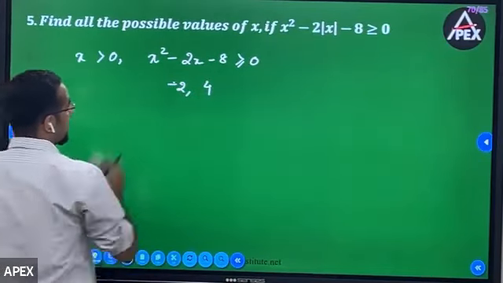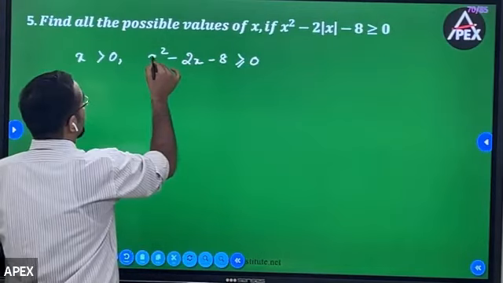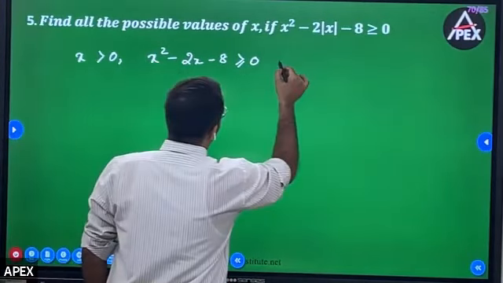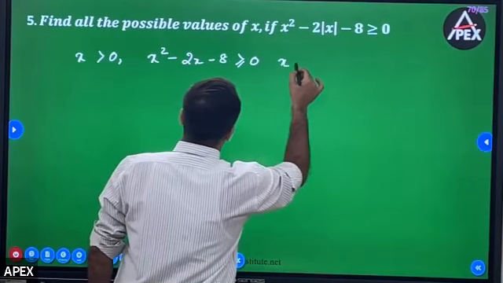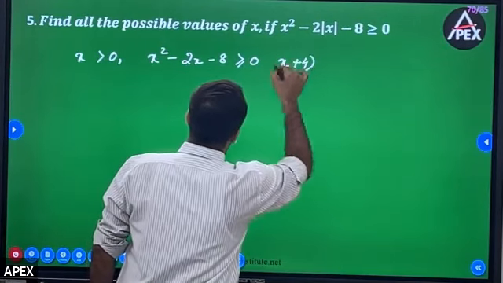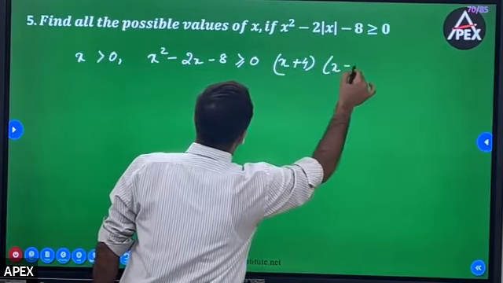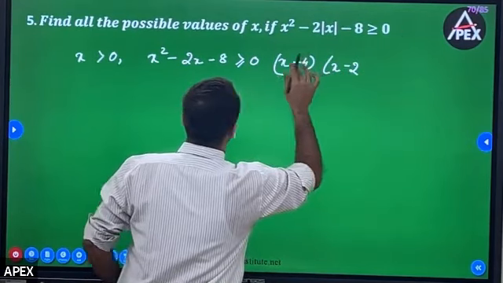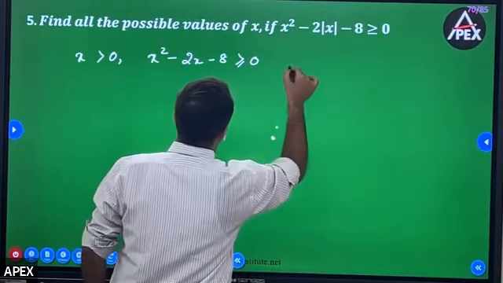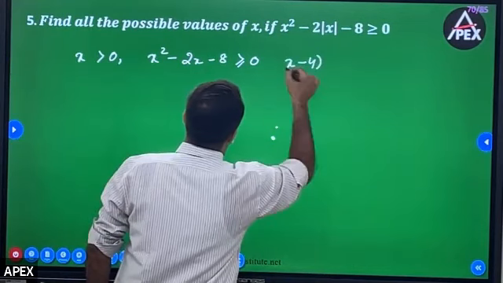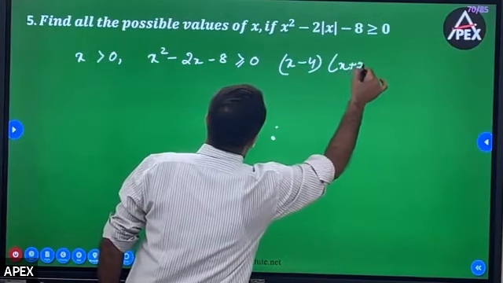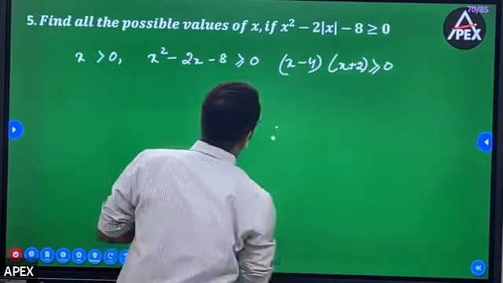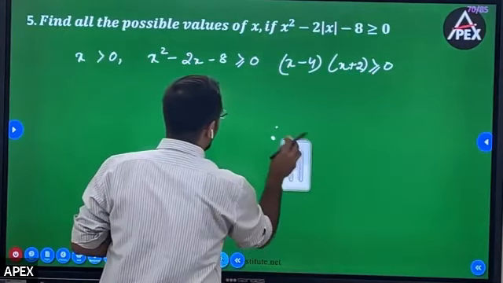Or let us write it like this. One second. So I have x plus 4 into x minus 2. So x minus 4 into x plus 2. If this is the case, then what am I looking at? What is the range?